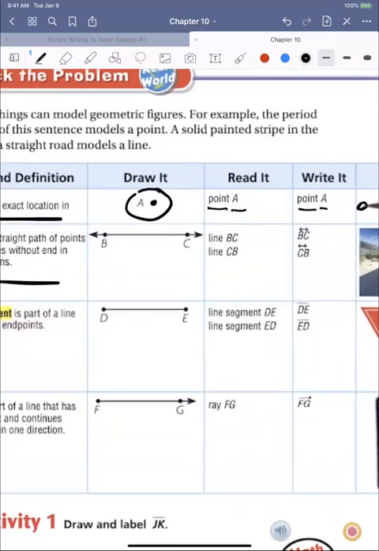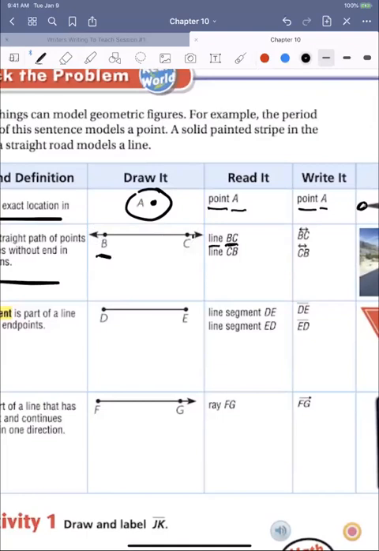When we look at how we draw it, we can see that it never ends because on both sides of our line, you'll see an arrow. That's saying that no matter what, our line will continue on and on forever. In this picture, they have it labeled, and we would read it as line BC.